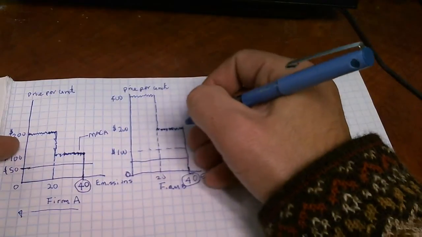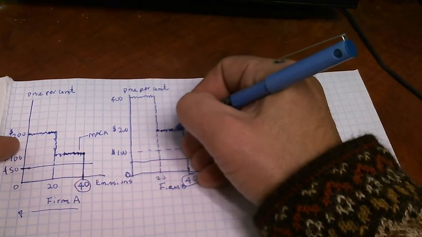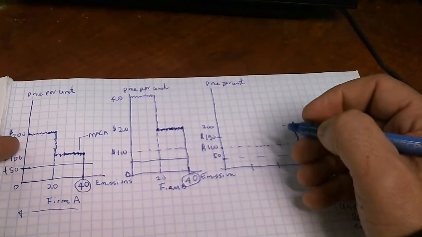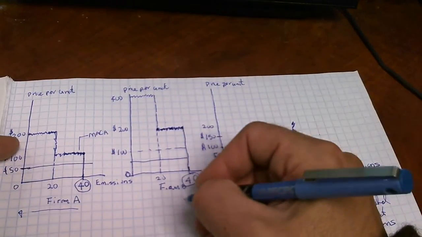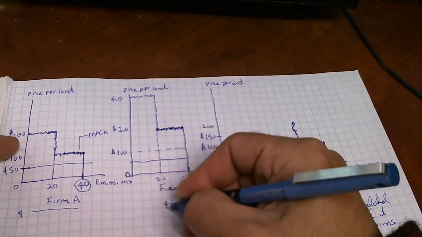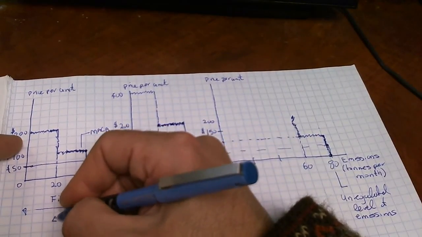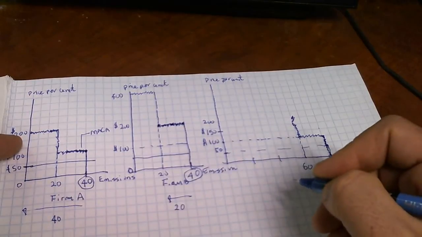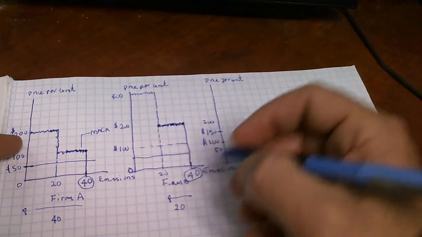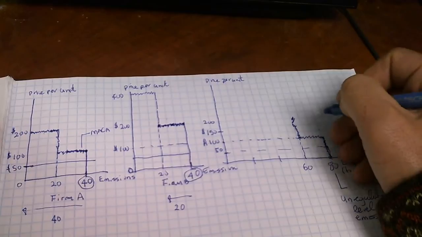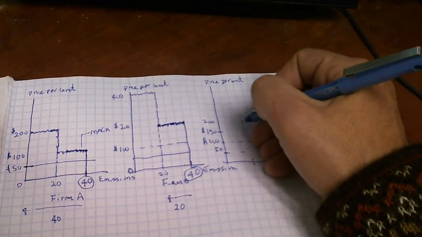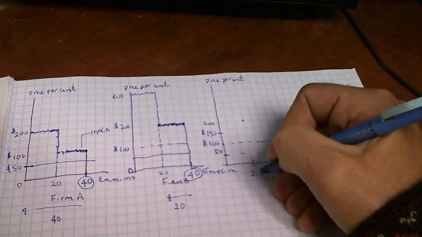And this firm is going to say, oh, well, now the government is covering my first 20, so I will reduce it by 20 units. So this firm will come down by 20. So we have this firm coming down in total by 40 tons, and this firm coming down by 20 tons. So in total, 60. So from 80 at 200, we'll go down by 60, so we'll end up at 20, right?